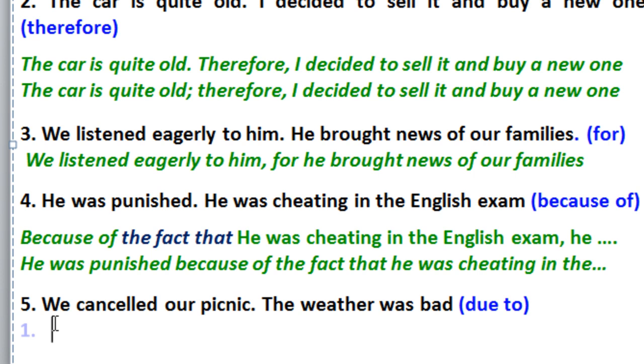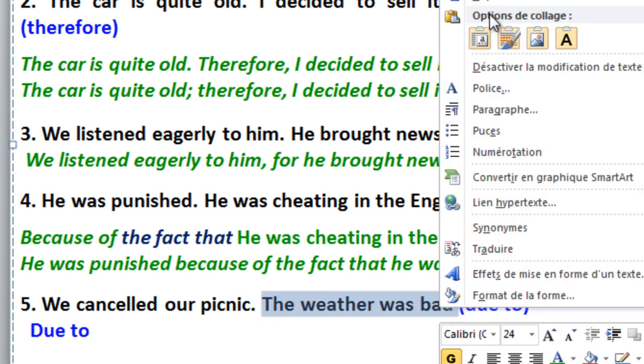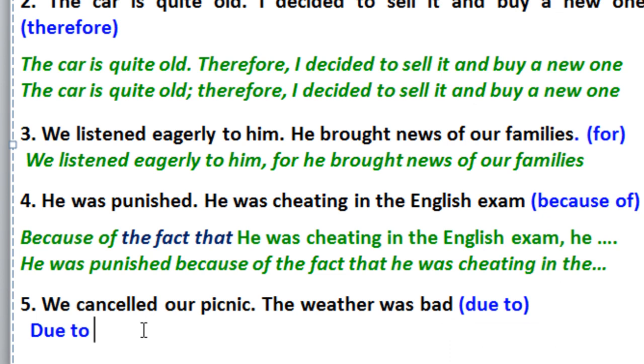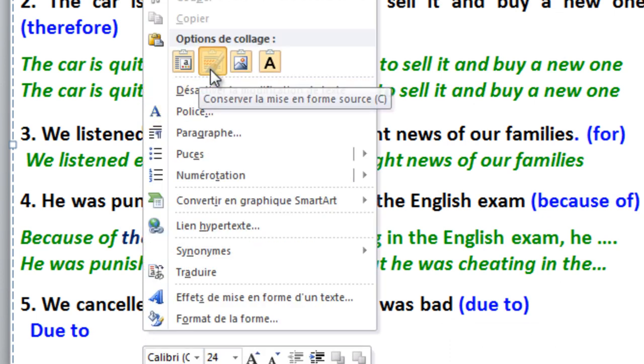So here we can provide different answers. So we can start by due to plus cause, and given that the cause here is a sentence, we can keep it unchanged after the fact that.